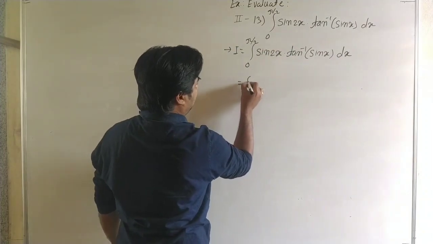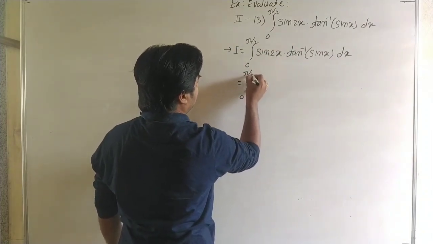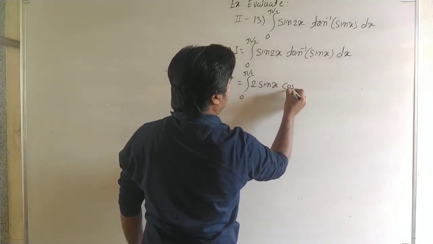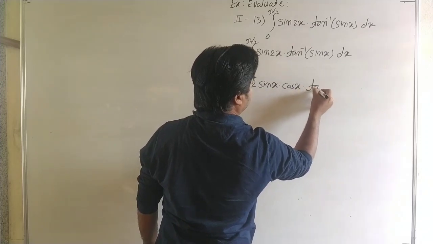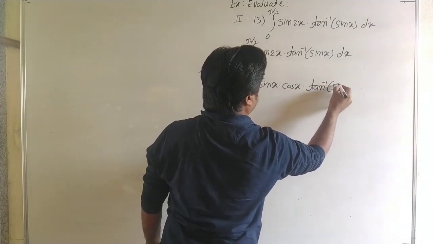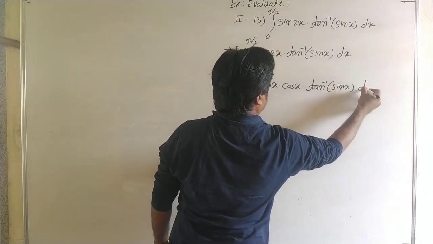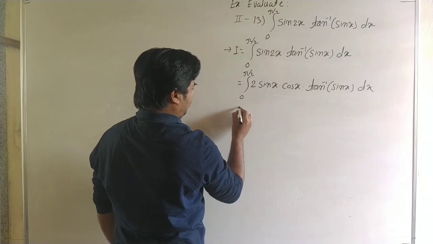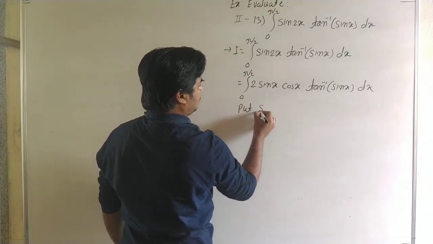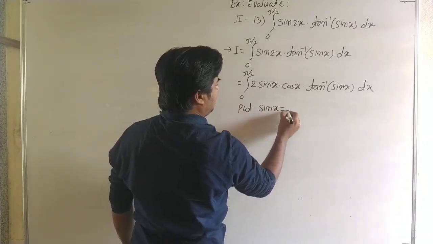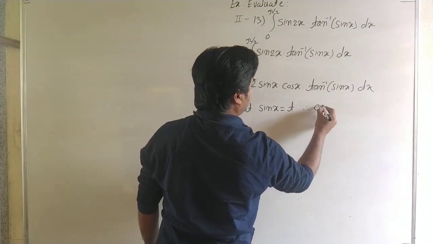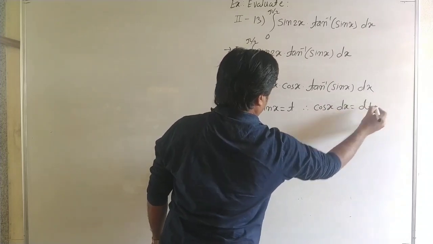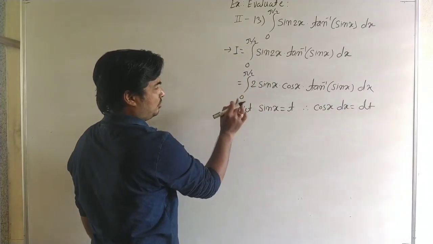Now here integral 0 to pi by 2, 2 sin x into cos x into tan inverse of sin x dx, and now we put sin x equal to t, and the derivative of sin x is cos x. Put sin x is equal to t, therefore cos x dx is equal to dt. It is a definite integral, so change the limit.